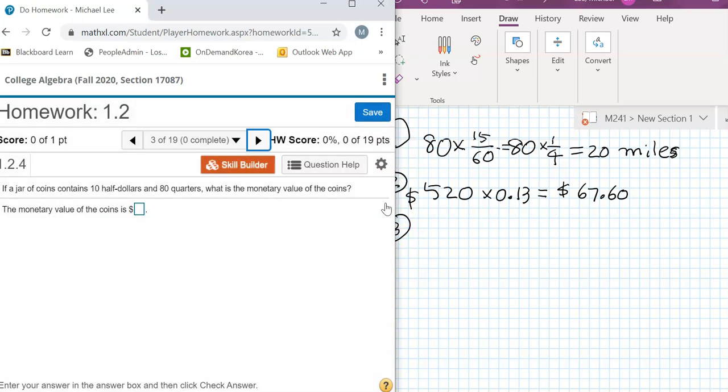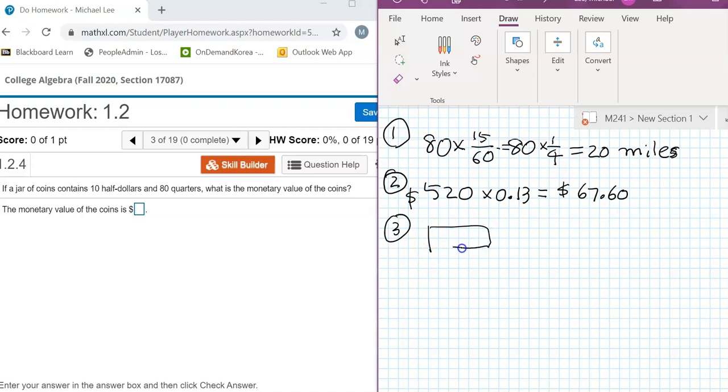Number three, if a jar of coins contains 10 half dollars and 80 quarters, what is the monetary value of the coins? So 10 half dollars. A half dollar is 50 cents, and you have 10 of them, so this is 500 cents.